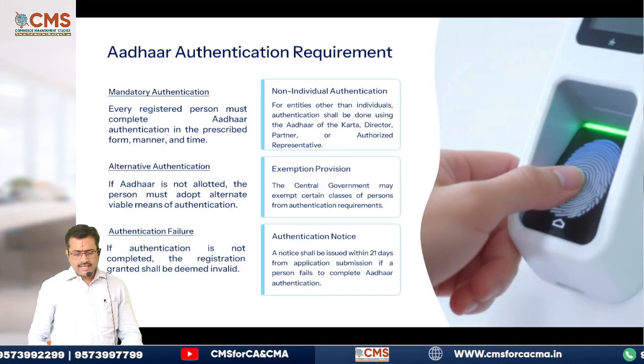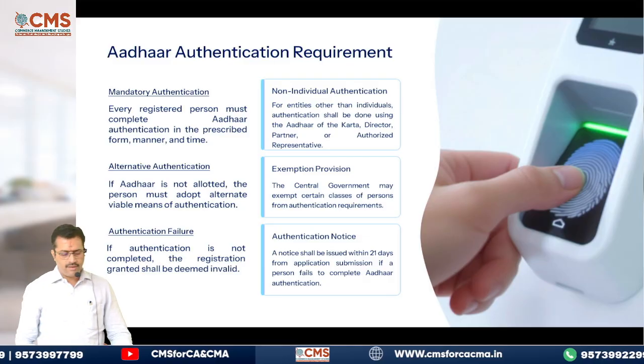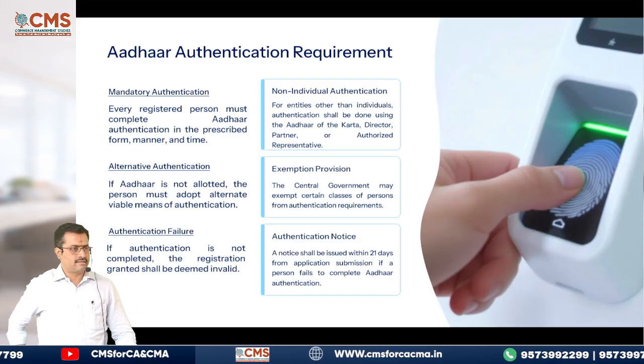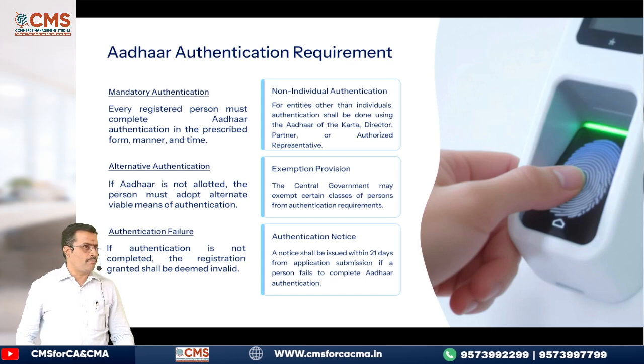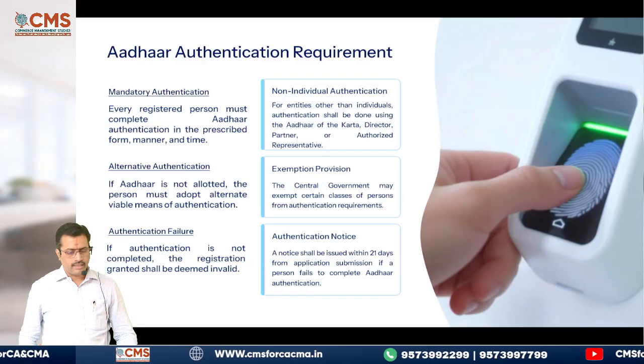Okay. Then exemption provision. The central government may exempt certain classes of persons from the authentication requirement. Then he gave authentication notice. A notice shall be issued within 21 days from the application submission if a person fails to complete Aadhaar authentication.